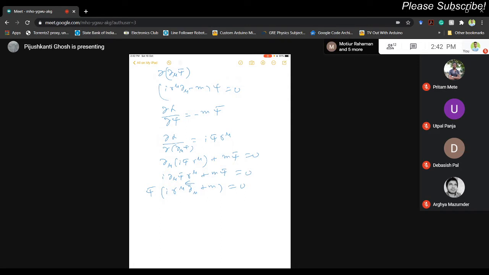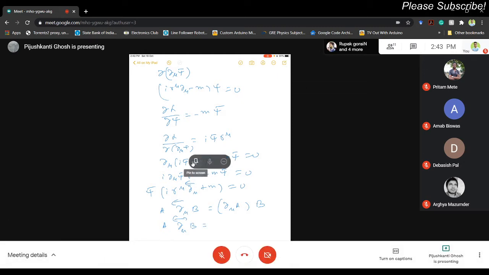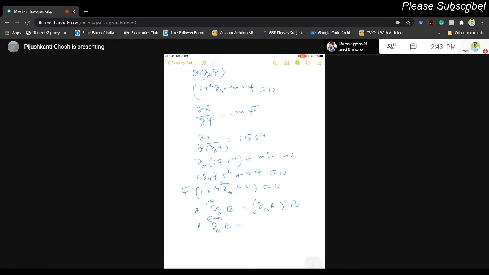Now I have introduced a notation, del mu with an arrow on the left-hand side. This means, suppose you have A and B, this symbol means... We'll be using another symbol later, which I will define whenever I come to it, not now.